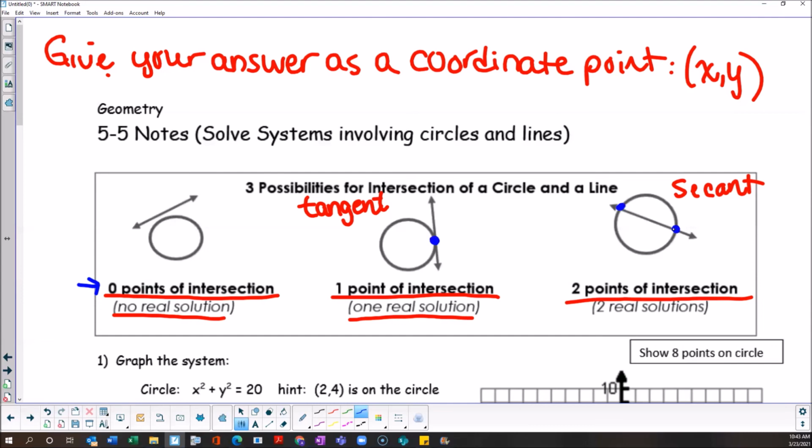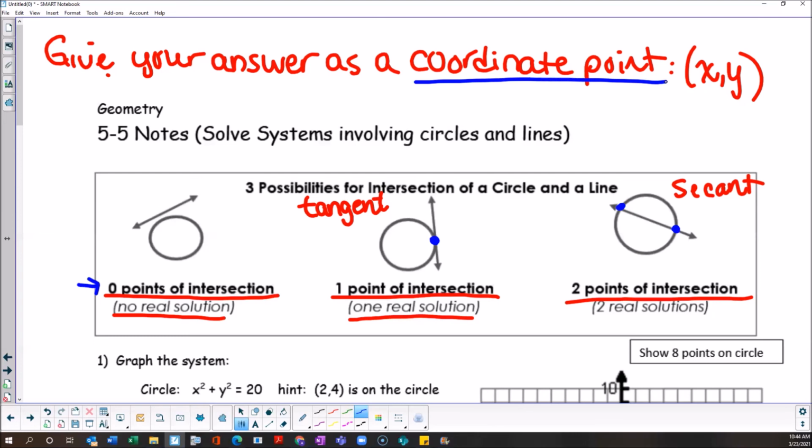So when you're asked to solve the system of equations when we're working with circles, what you're looking for are the coordinate points, so your X and Y value that is the same point in both the line and the circle. Okay?